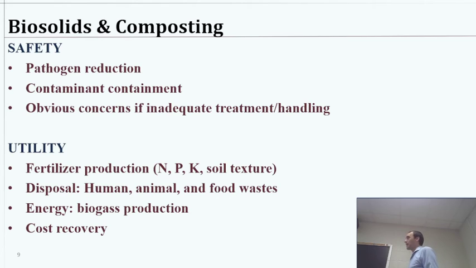Contaminant containment: if we suspect there are still contaminants in our biosolids, which would be true to an extent, we don't want to apply them to places where that could lead to direct exposure. So there are obviously some safety concerns if we're not adequately treating the biosolids, which is basically the sludge turned into something like a soil. Inadequate treatment or handling of them could be serious problems.